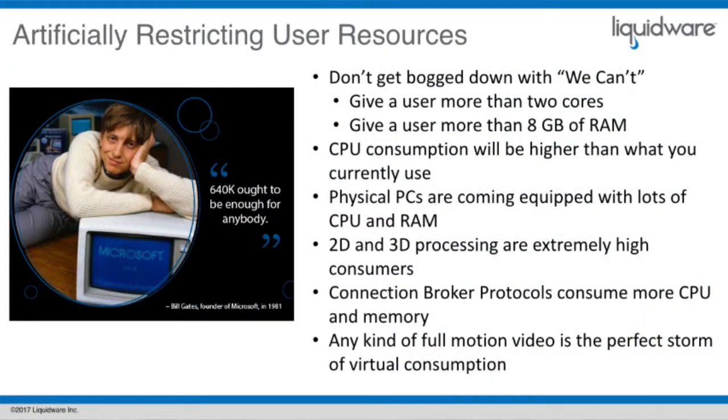Don't do that. What you should be doing is going through the assessment process and figure out what people need, not what the accounting department tells you what you should have. And again, 3D and 2D processing, you don't have a GPU in any of these systems. That means it's all going to fall on the CPU.